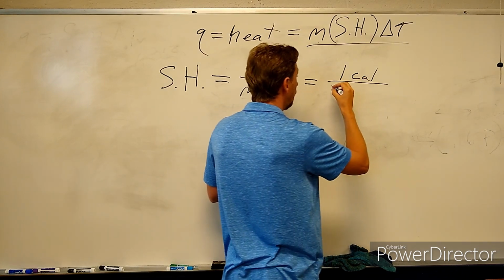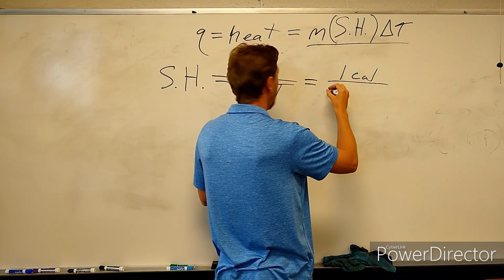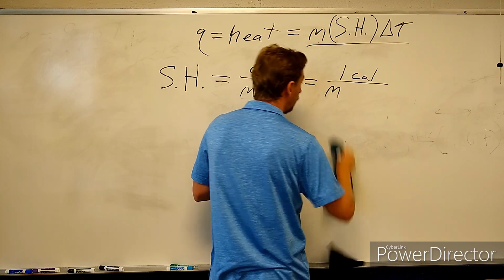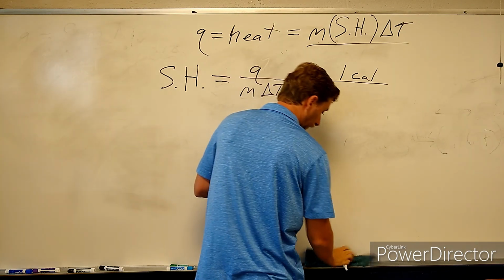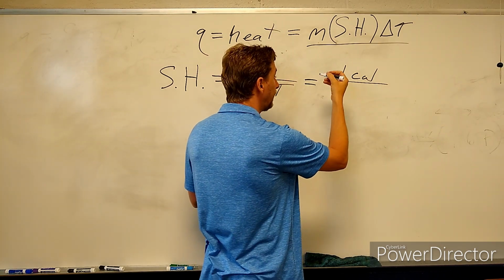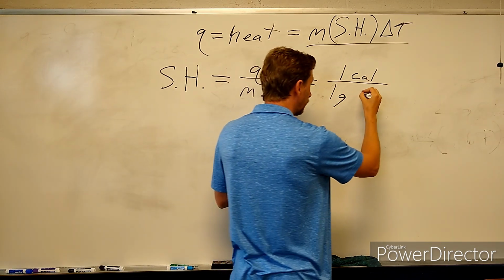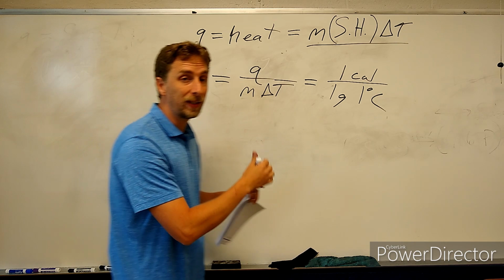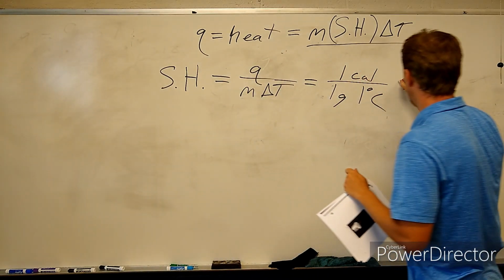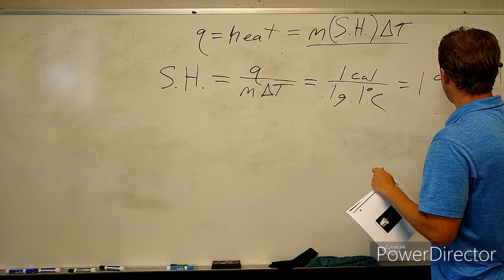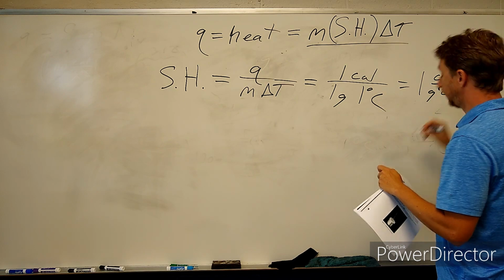We'll take and raise the mass of 1 gram, 1 degree Celsius. The specific heat of water is defined from that right there as 1 calorie per gram per degree Celsius.